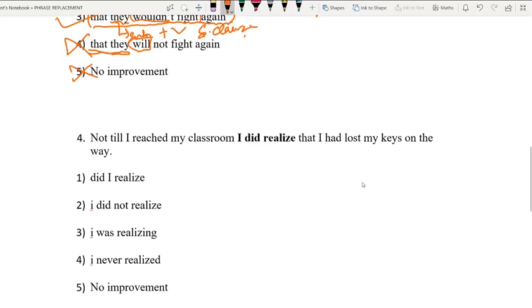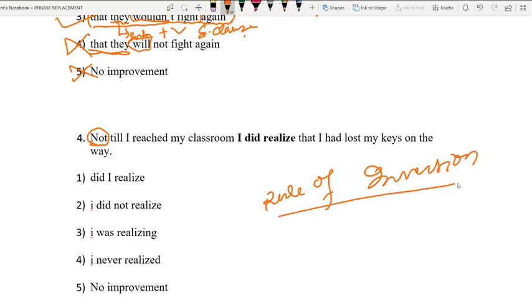So now it's 4. "Not till I reached my classroom did I realize that I had lost my keys on the way." Please do remember that the sentence starts with an adverb, "not". Whenever you start a sentence with an adverb that gives negative meaning, we must use the rule of inversion structure in that sentence, otherwise the entire sentence will stand incorrect.